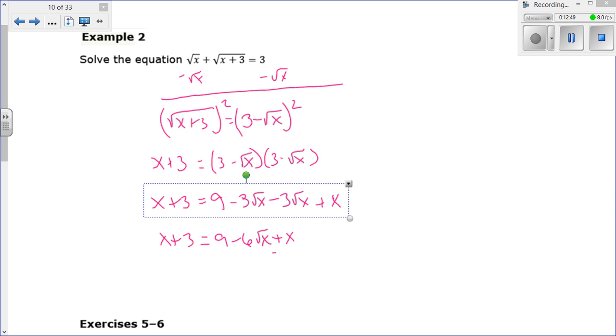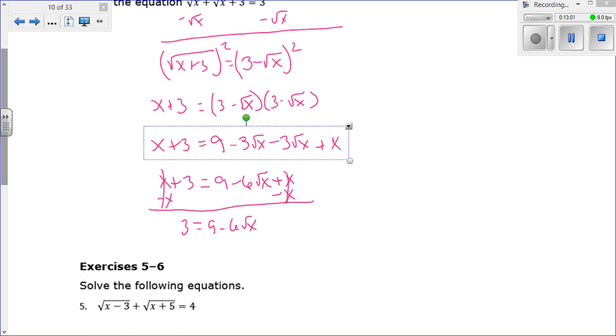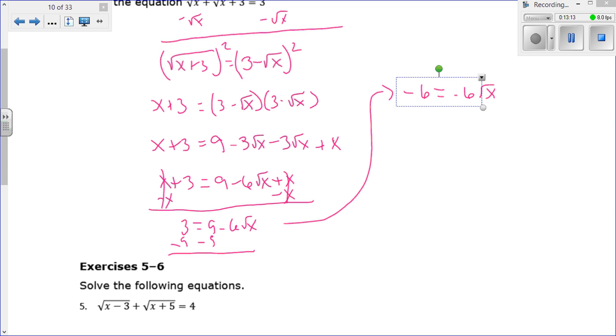So I have x plus 3 equals 9 minus 6 radical x plus x. Well, subtract x from both sides. 3 equals 9 minus 6 radical x. Subtract 9. So I have minus 6 equals negative 6 radical x. Divide by negative 6.